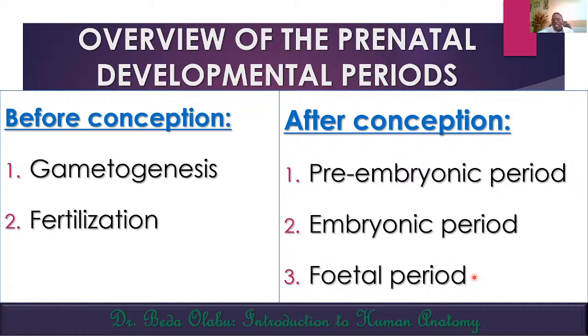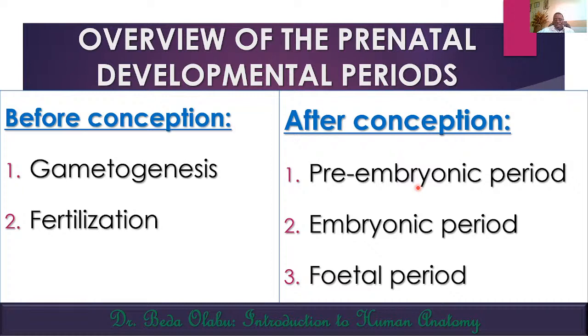The fetal period of development is largely a period of maturation of body organs. The body organs mature. But it is also largely the period of ossification. Ossification is basically formation of bones. The bones don't particularly form only during this period, but they form largely in this period, most of them.